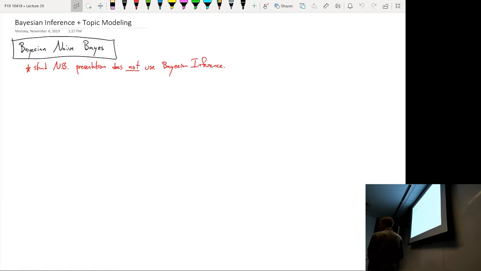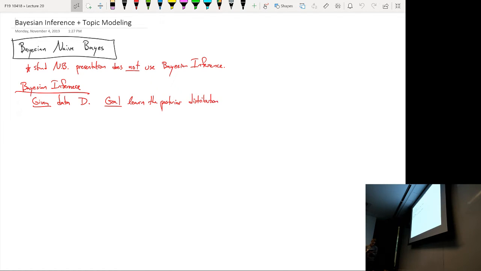So what is Bayesian inference? Bayesian inference says that suppose you are given data, let's call it D. Your goal is to learn the posterior distribution over the parameters theta given D. What do I mean by that?